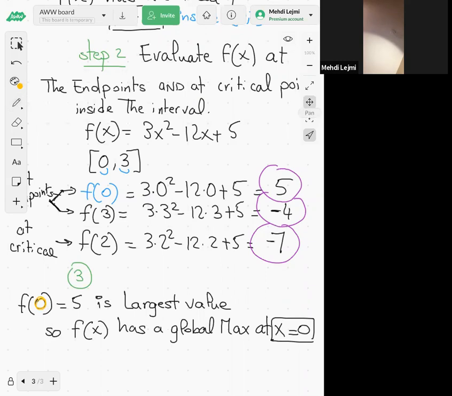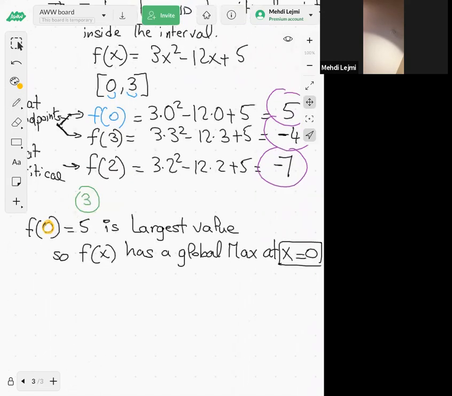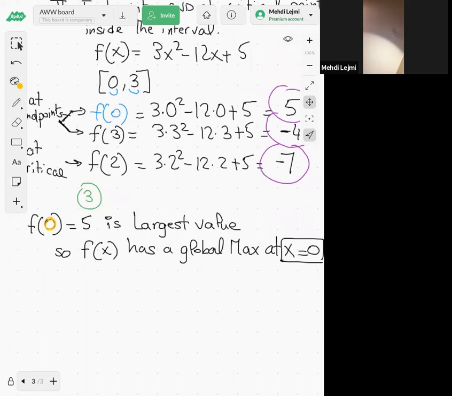Now, what will be the smallest value? I got negative 4, I got negative 7. So as Austin said, negative 7 would be the smallest. So f of 2 is negative 7, and that will be the smallest value of f of x.